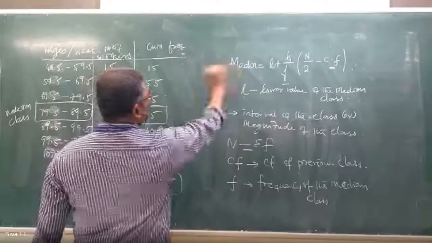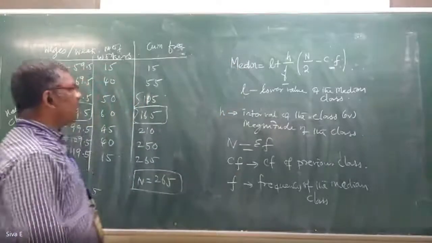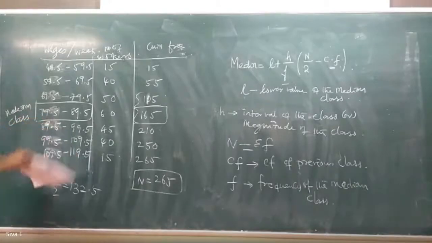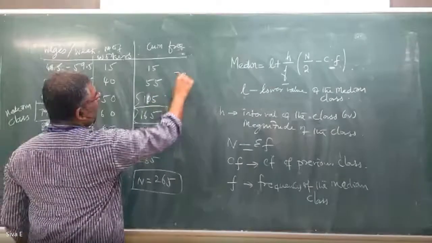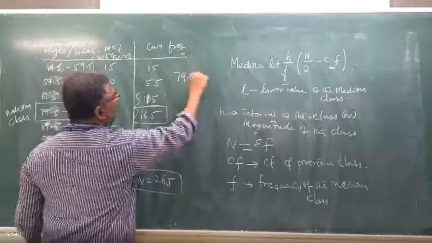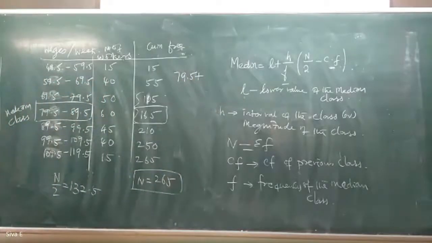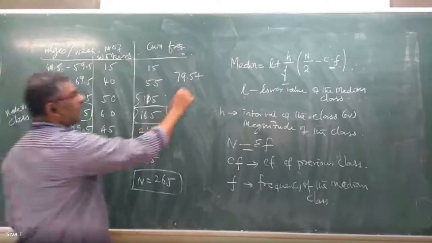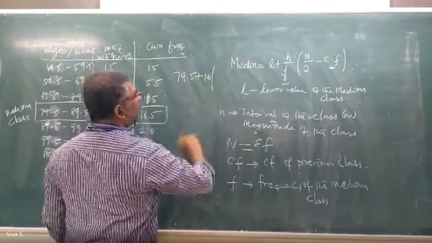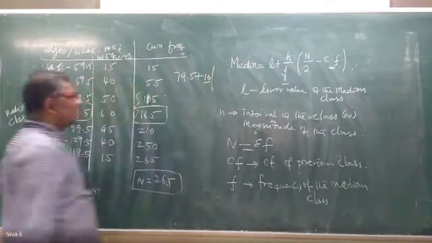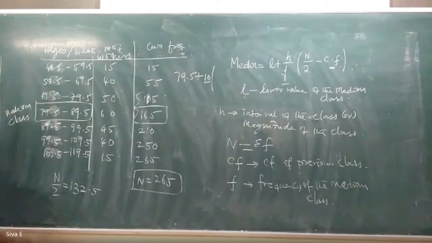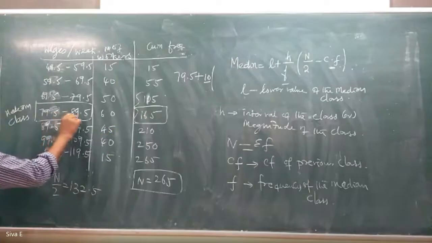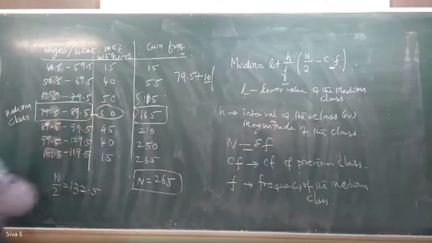When you have the median class, you can calculate the median by using this formula. What is the lowest value of the median class? 79.5. Plus h, h is the interval. Interval of that class is 10, divided by the respective frequency, which is 60.